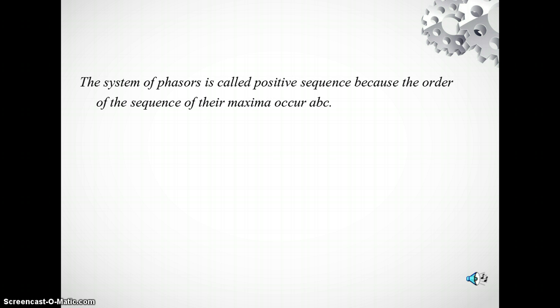In the previous formulae, the subscript 1 designates the positive sequence component. The system of phasors is called positive sequence because the order of the sequence of their maxima occurs in the form ABC.